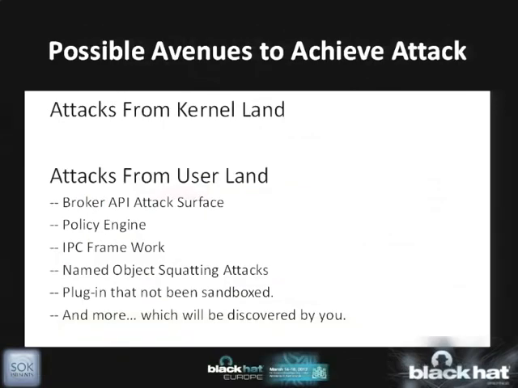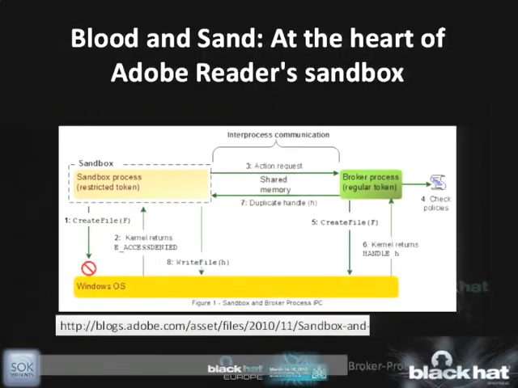So how can you attack that model? How can you escape from the sandbox process? There are two big attack avenues, I would say. You can attack the kernel land, because in the end, you're going to communicate with the kernel, should it be here via TargetNtCreateFile, or here NtCreateFile.